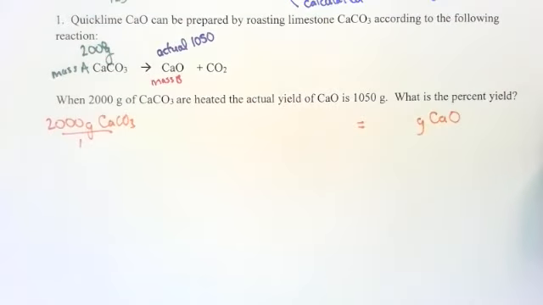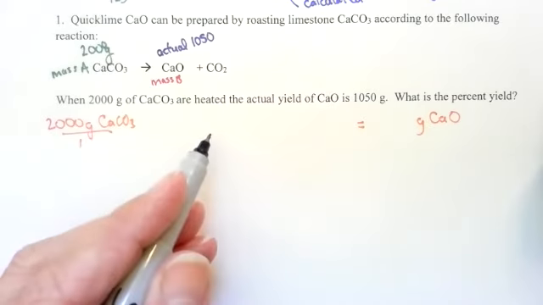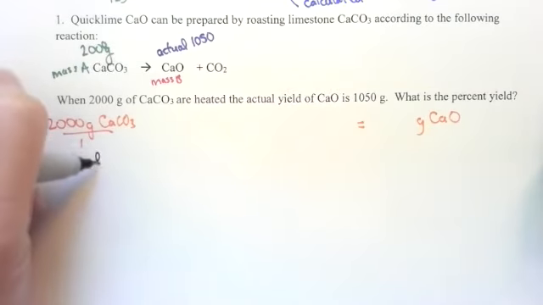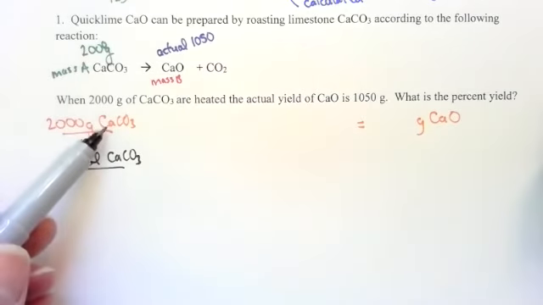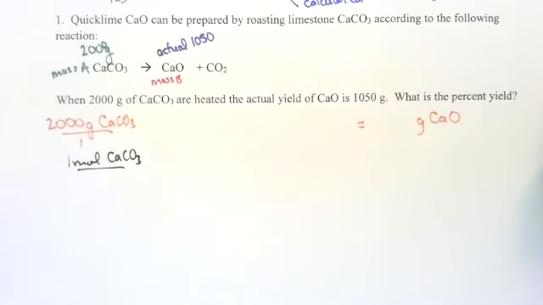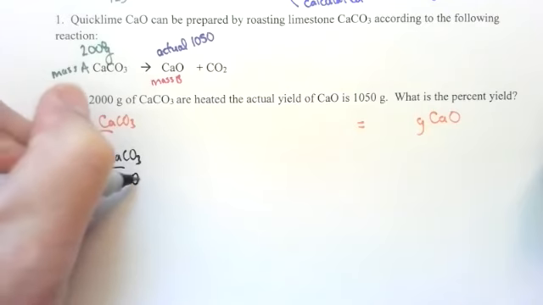Now you'll notice I don't have my diagram written down. Hopefully by this time you're feeling a little more confident about your conversion skills. So I'm not going to write the diagram this time, but if I go from mass to mass, I'm going to need the molar mass of this, I'm going to need the mole ratio, and I'm going to need the molar mass of this. So let's write my conversion factors. 1 mole of CaCO3, calcium's 40, plus 12, plus 16, plus 16, plus 16 is going to give me 100 grams CaCO3.